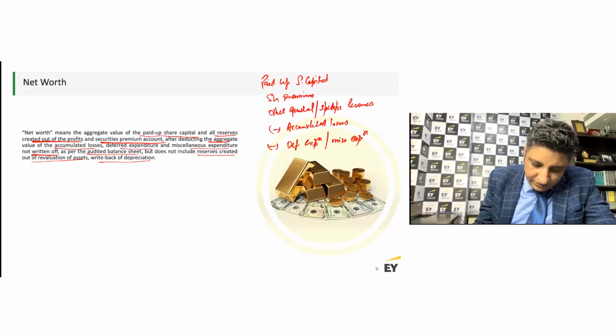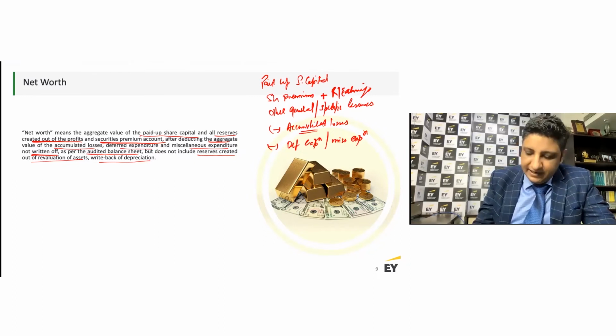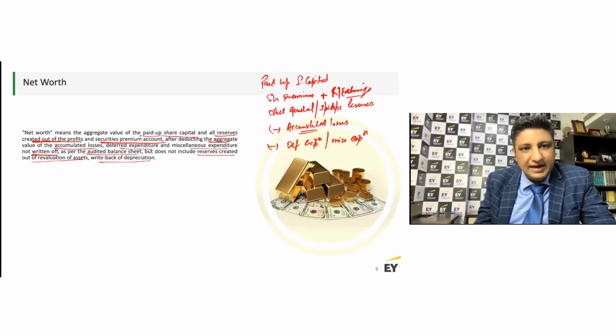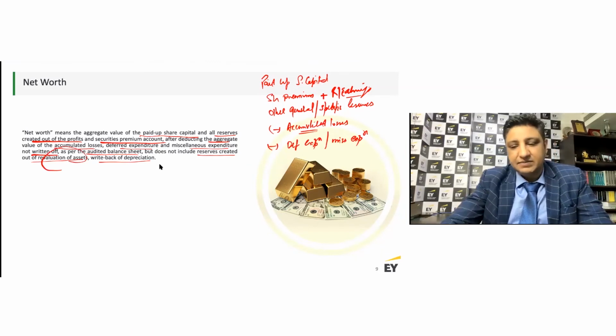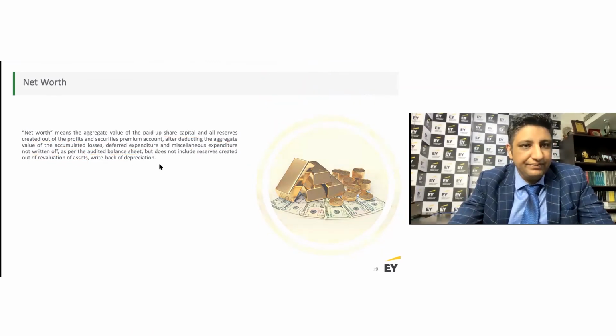Now, essentially, when you say share premium, you're also talking about your retained earnings in this case. All right. Of course, that's where these accumulated losses will get deducted. The net worth will always include the share premium and retained earnings in that context, right? Now, essentially, any revaluation reserve is important to follow, is not considered as a part of this calculation, right?